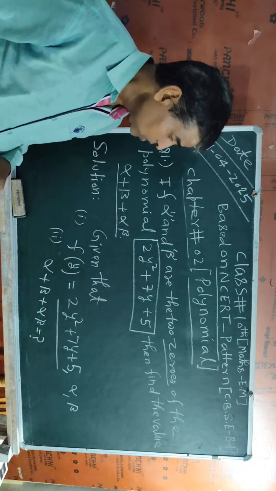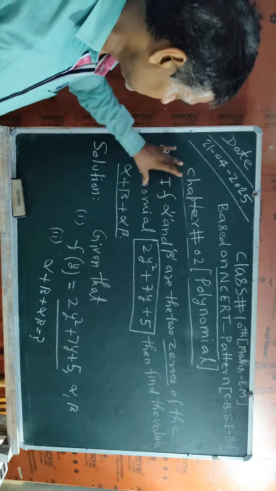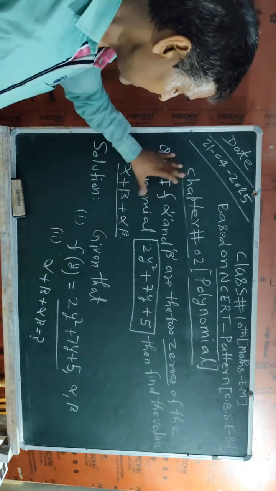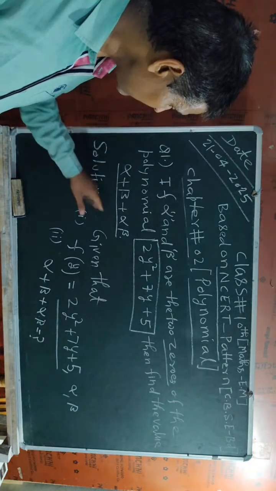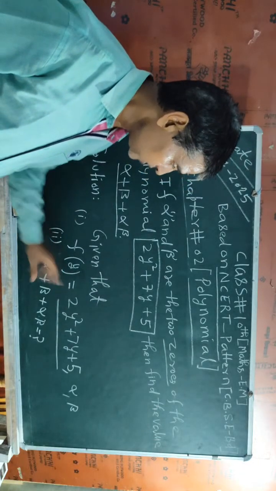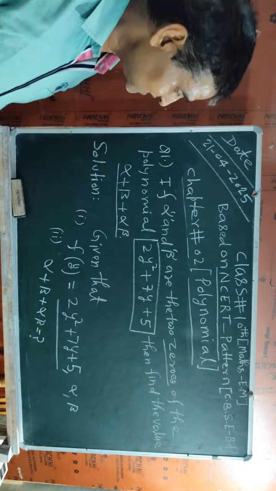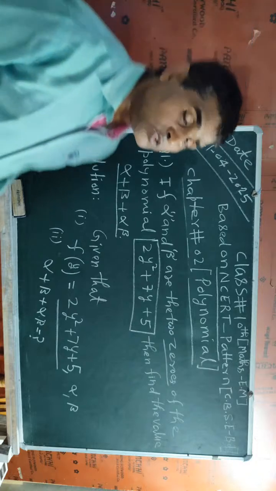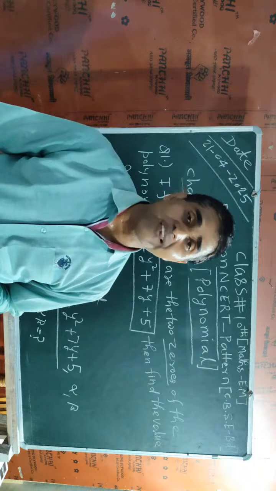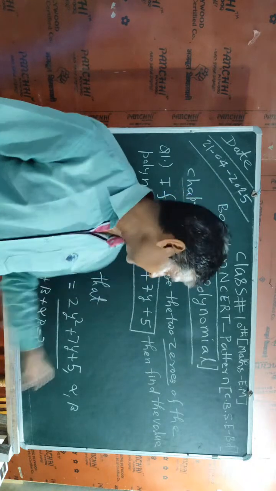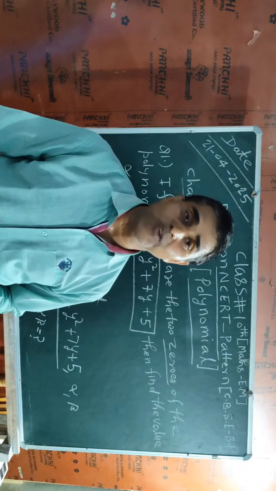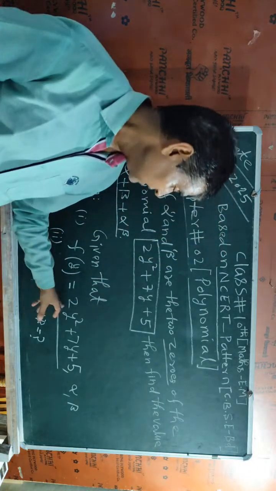Okay, student. I have read the given question clearly, and after reading I have written all the information here properly. Now in the next step I will take the sum of the zeros, that is alpha plus beta, which is equal to minus the coefficient of y divided by the coefficient of y square in this expression.